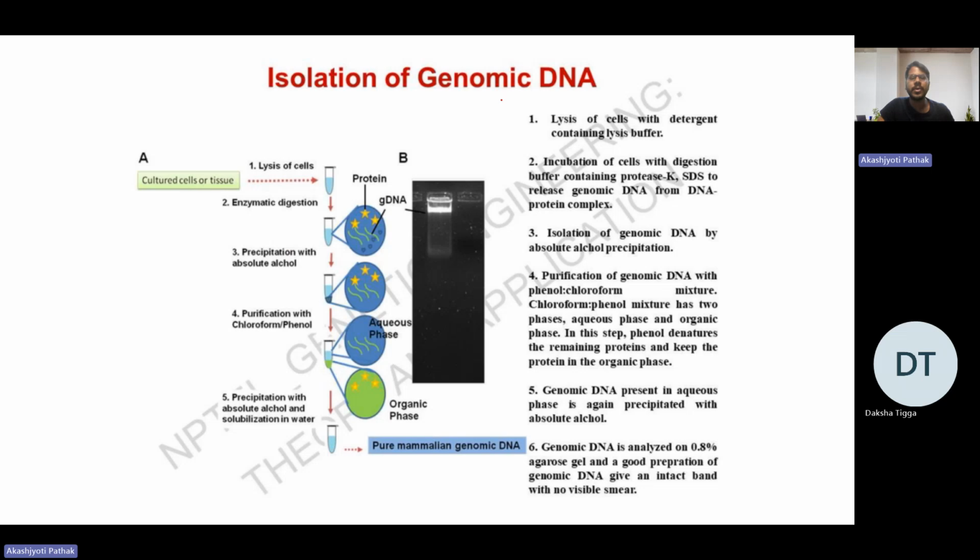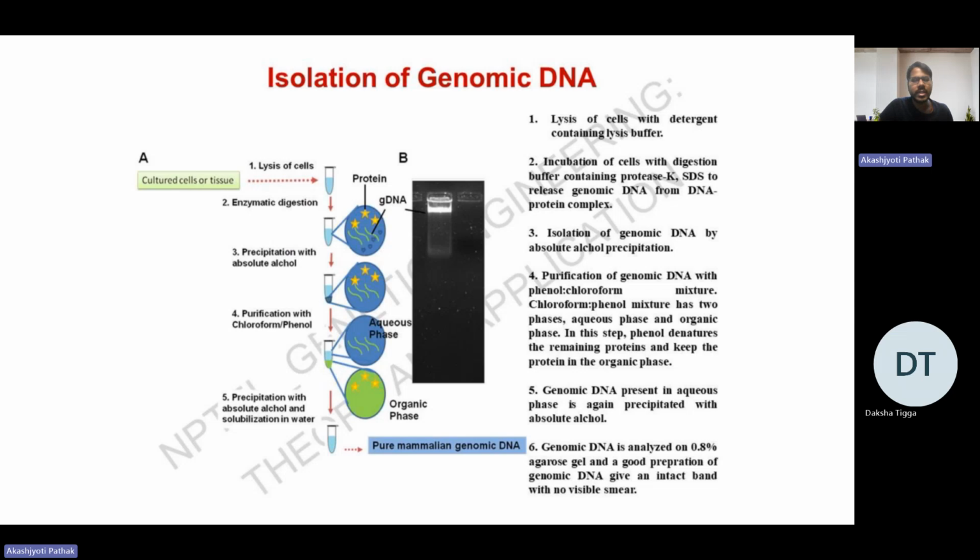When you treat it with protease K, the histone proteins with which the DNA is associated get cleaved or digested. So now you have the free DNA, and also your SDS will help to lyse the cell membrane as well, and the membrane proteins will be solubilized.